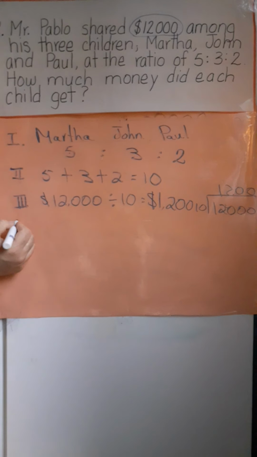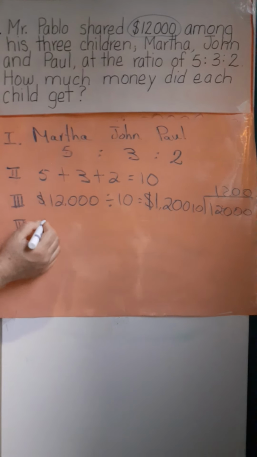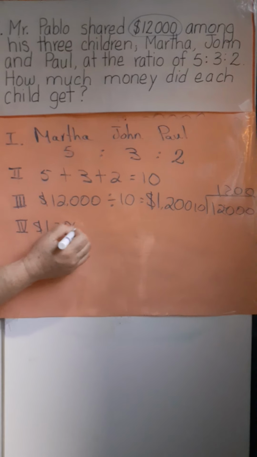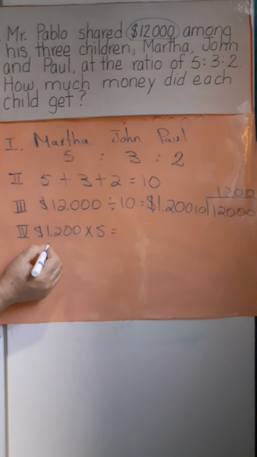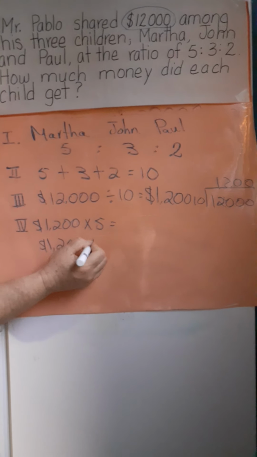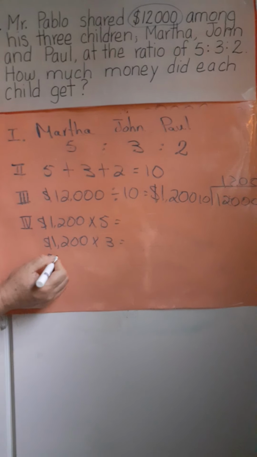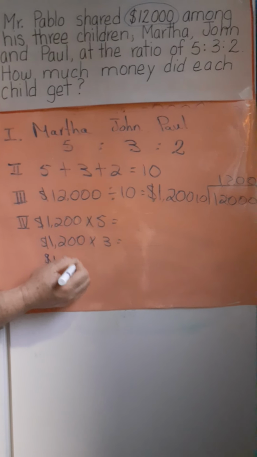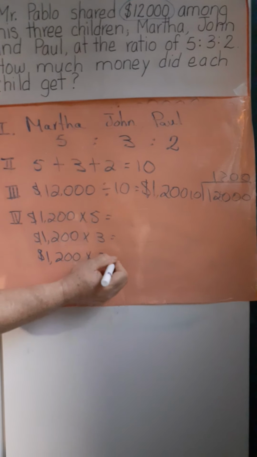So we say that will be our step 4. 1,200 times 5, $1,200 times 3, and $1,200 times 2.